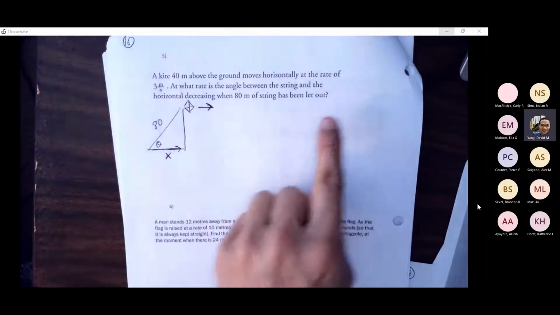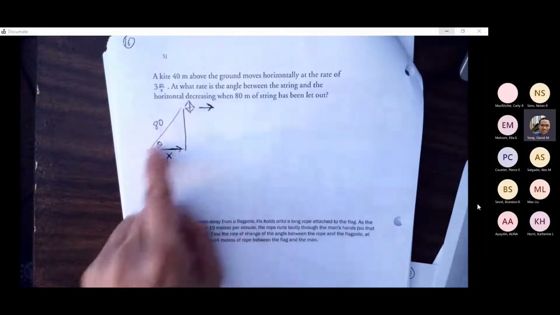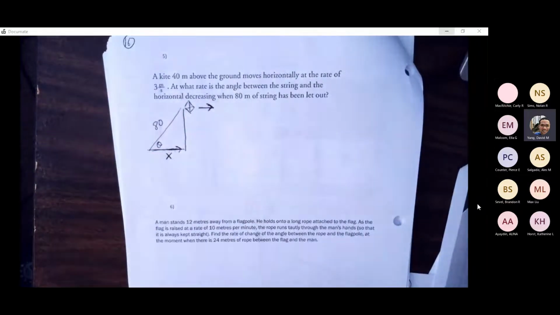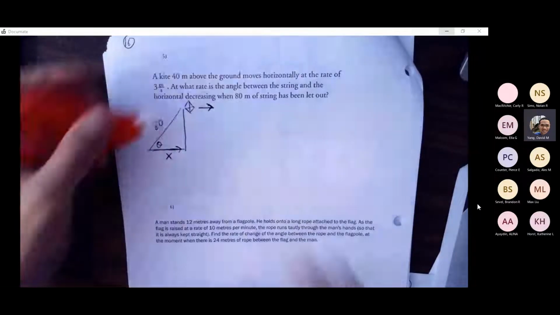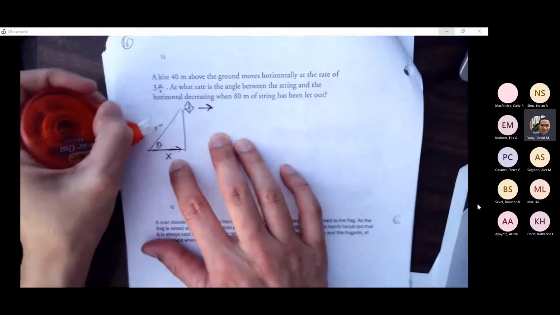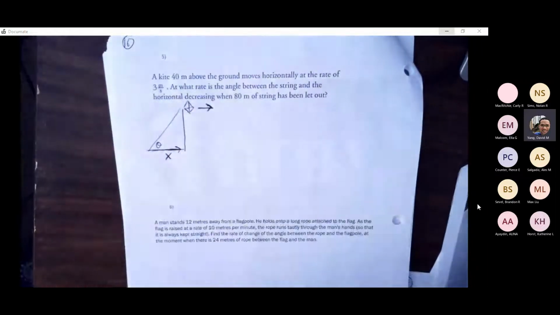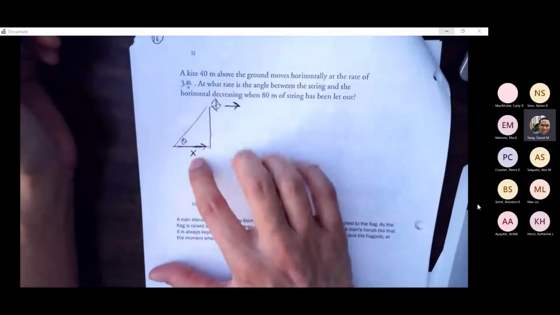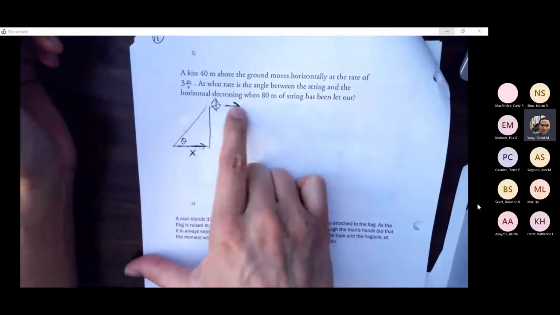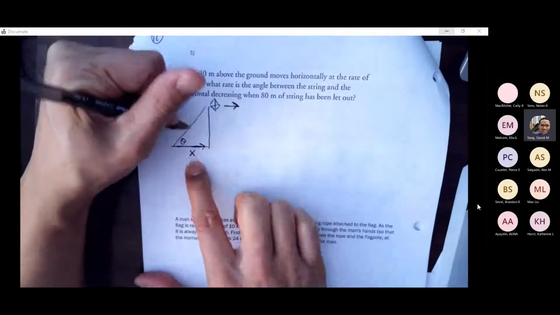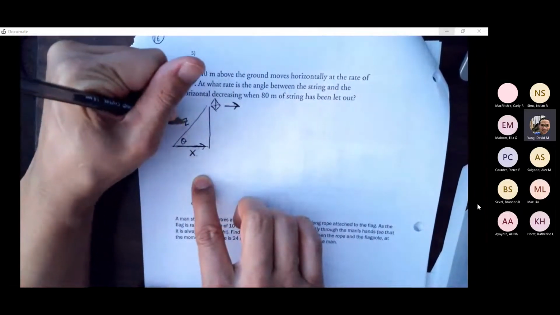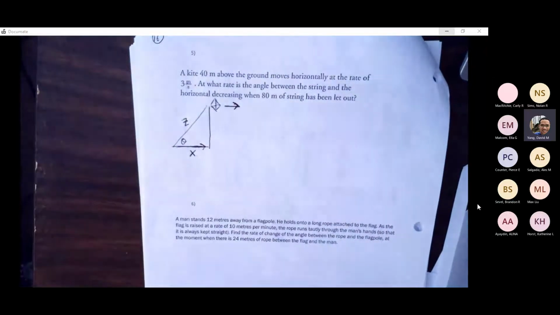If the kite is continually moving to the right, then there's always going to be string being let out. So we have to let that be a variable to begin with, and then we can fill in 80 a little bit later. So I'll use Z here to represent the hypotenuse.